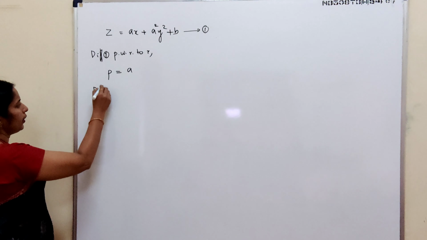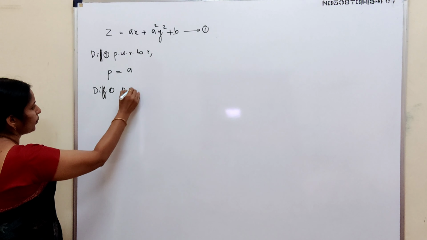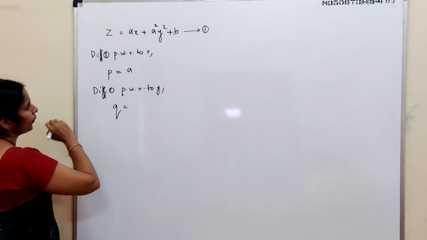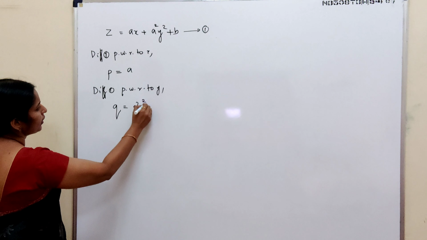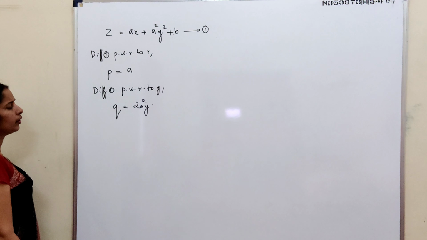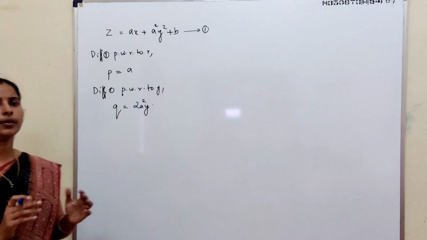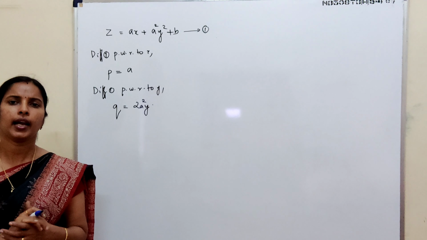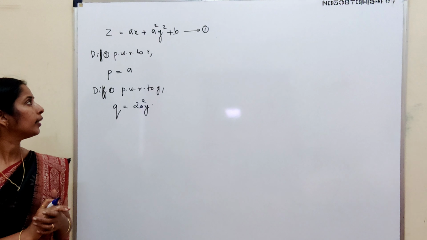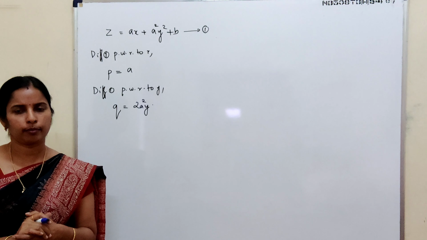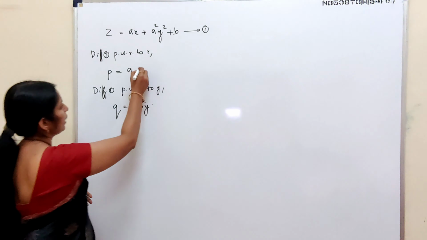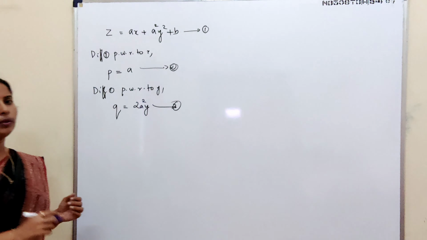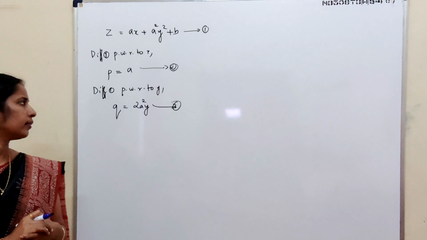Again differentiate 1 partially with respect to y. That is left side, it is q. Q is equal to 2a square y. So we have to make an equation which contains partial derivatives and which are independent of the arbitrary constants a and b. See, by looking into equations 2 and 3, you can make a partial differential equation.